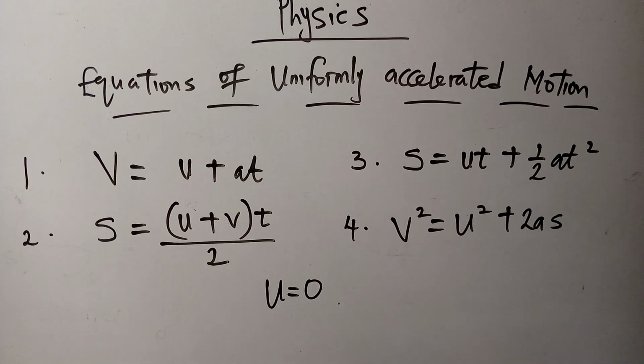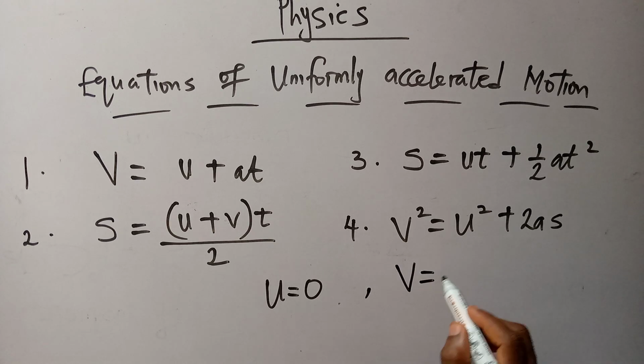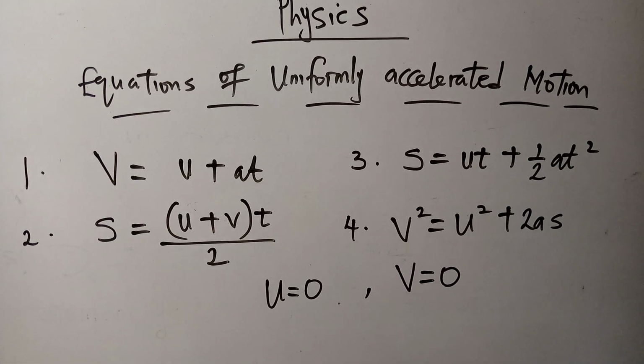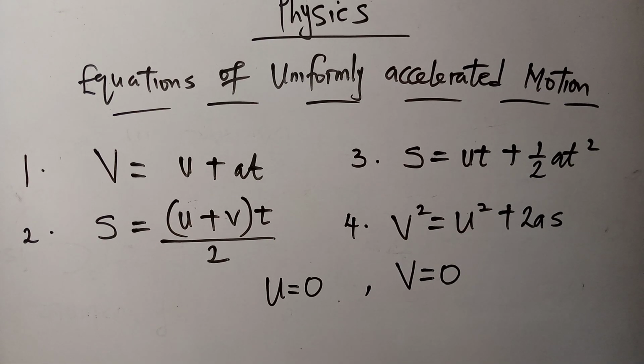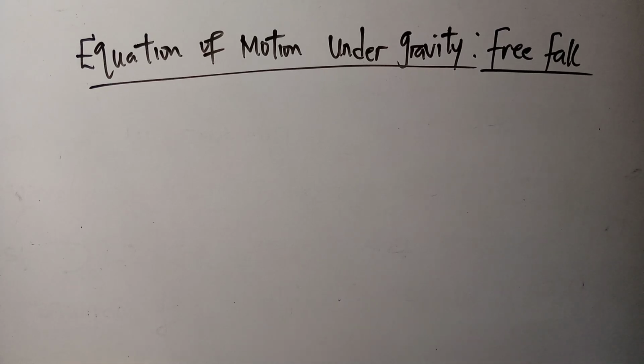So if the question says an object starts from rest, just note that your initial velocity is zero. And when the question says an object is brought to rest, our final velocity is zero. Take note of these two statements.